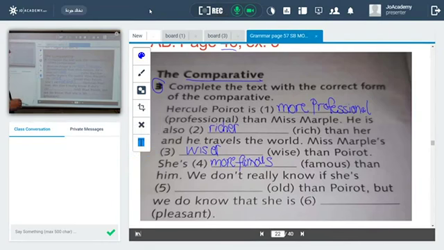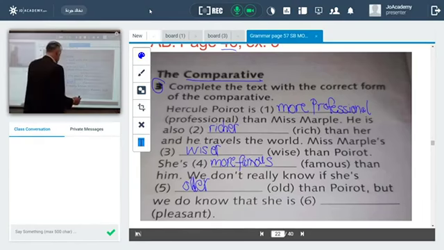We don't really know if she is older than Poirot. If she is what? If she is older. If she is older than Poirot. But we don't know that, but we do know that she is, and we have the adjective pleasant. She is what? She is more pleasant.